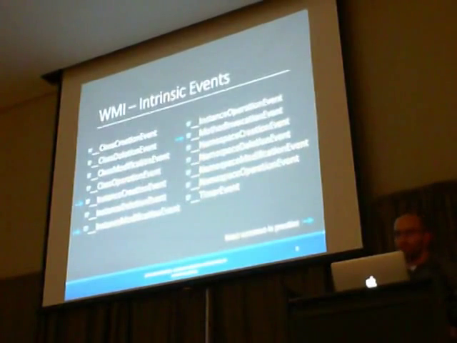I'll often use the method invocation event as well. So say I'm interested in whenever someone calls the Create method from the Win32 process object, because I've used that in a malicious context a number of times. If I wanted to audit that event, then I could use the method invocation event to trace that.